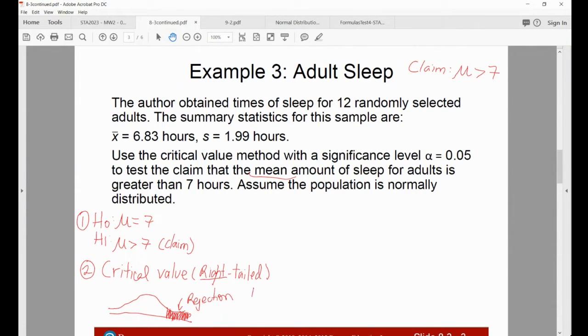So to find the critical value, we're going to use table F. In table F, we use the value of alpha and the degrees of freedom df. So what's the value of alpha?